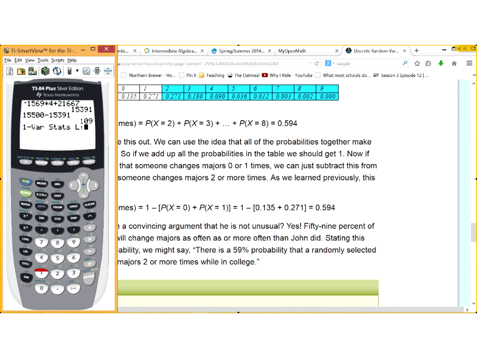And then I would do L1 and L2, because normally if you just do 1-var stats and hit enter, it's going to just look in one list. But I need to tell it that I have frequencies in another list, or in this case, relative frequencies. So I hit enter, and you see the mean there up at the top, 2.002, pretty much 2.